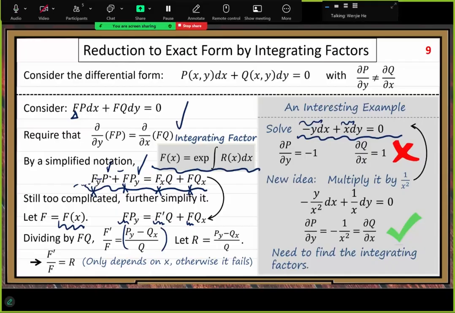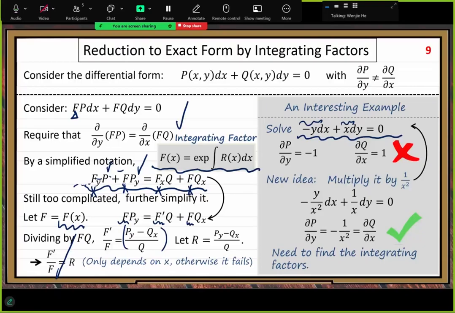Because we just solved this equation, we will get that. That equation you can solve using the separable method. The solution you will get is the exponential function e to that exponent, the integral of the r function. That is the integrating factor.